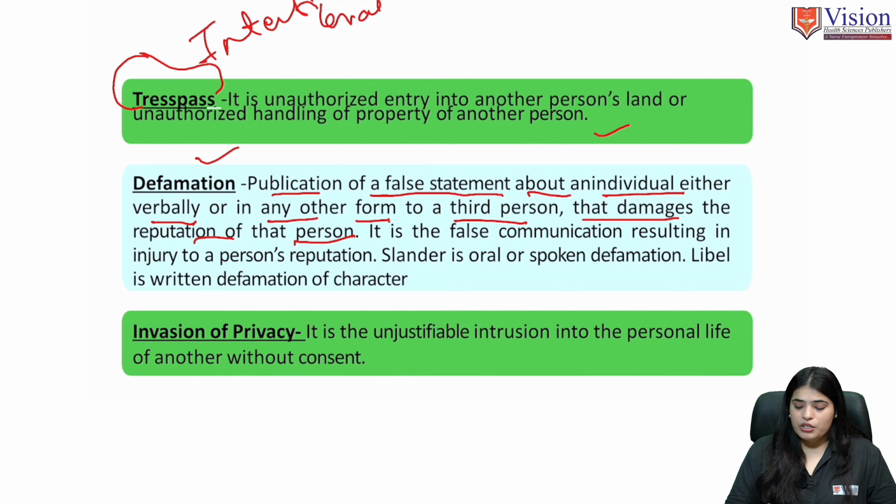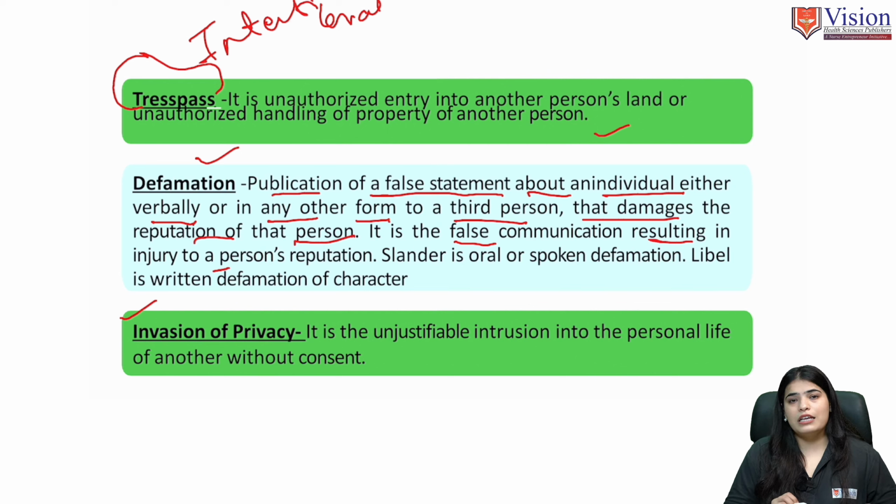It is false communication resulting in injury to the person's reputation. Oral or spoken defamation is slander, and libel is written defamation of character. So defamation is a part of intentional tort. And next one is invasion of privacy.